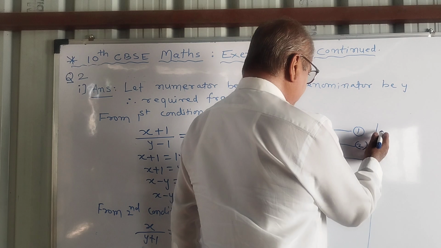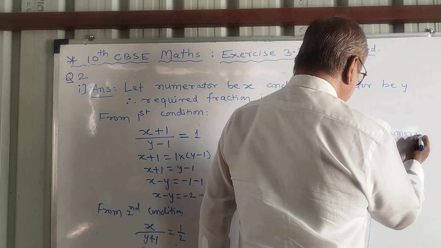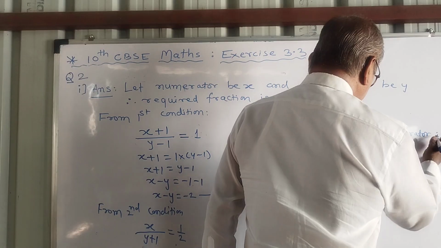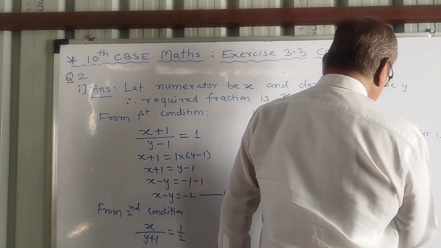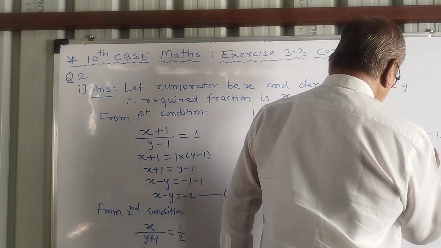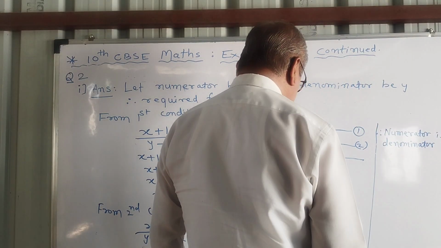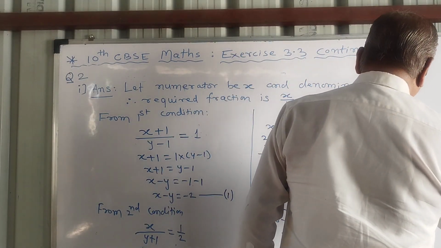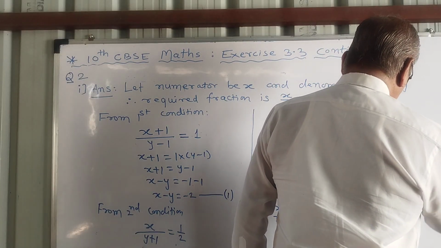So I can write, therefore, numerator is x, denominator is y. Numerator is x, that is 3, and denominator is y, that is 5.